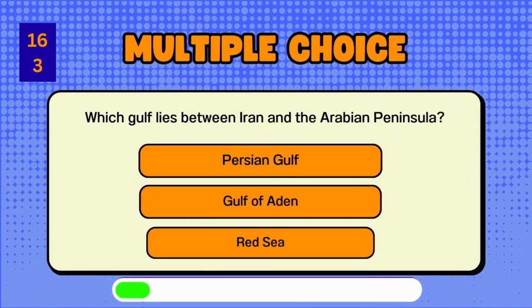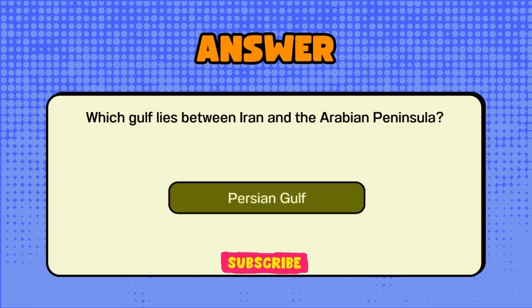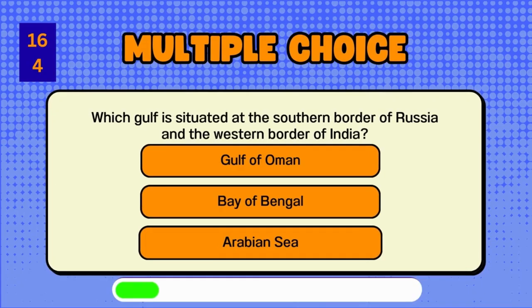Which gulf lies between Iran and the Arabian Peninsula? Which gulf is situated at the southern border of Russia and the western border of India?